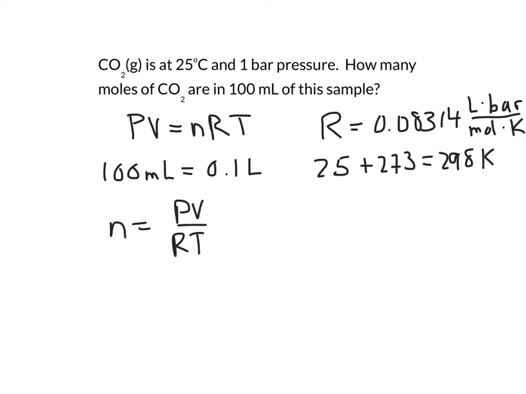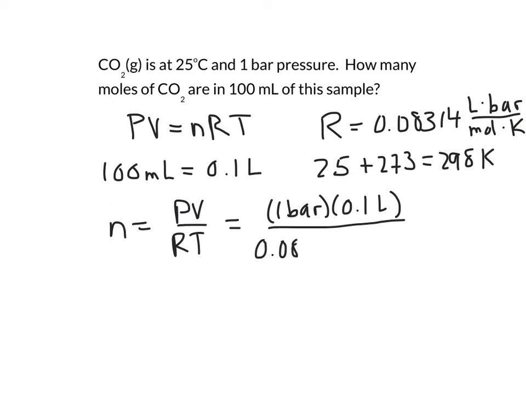And now we just need to plug the numbers that we have in our problem into this equation to get the number of moles. So we have 1 bar of pressure, we have 0.1 liters of the sample, R is 0.08314 liter bar per mole Kelvin, and our sample is at 298 Kelvin.